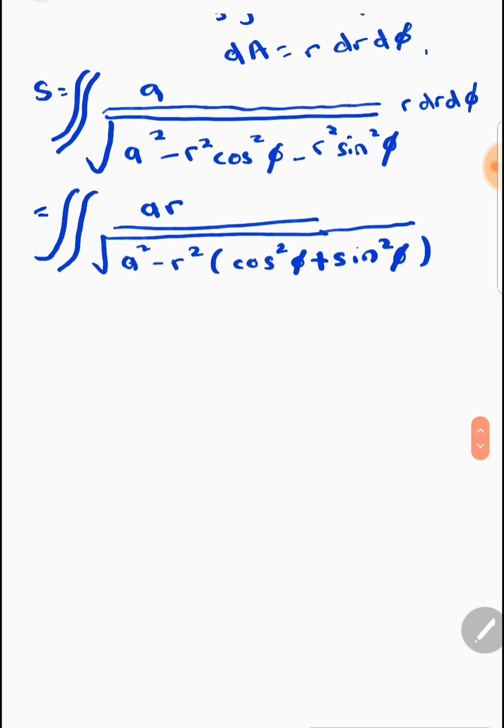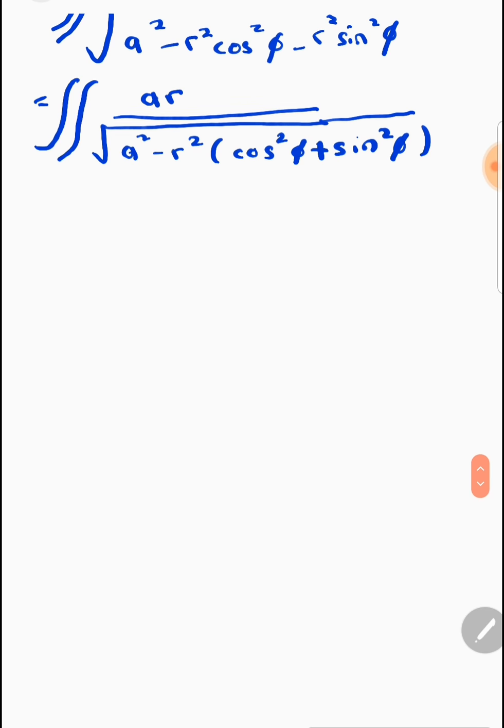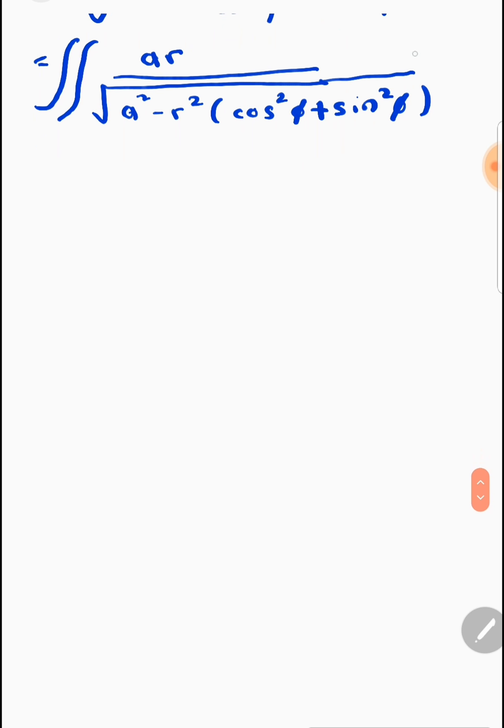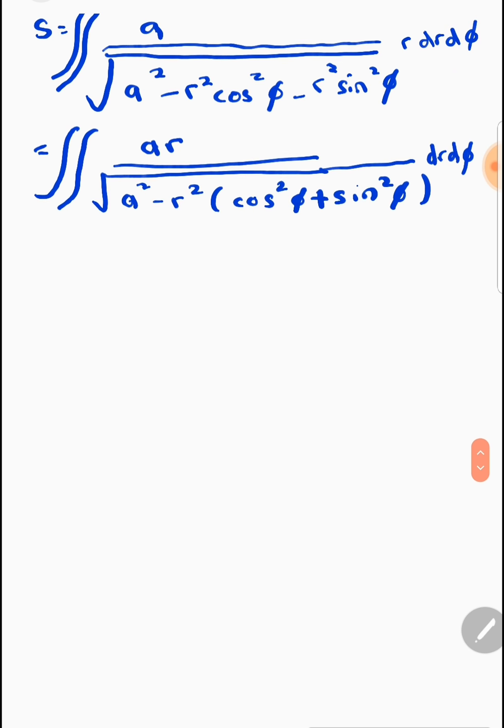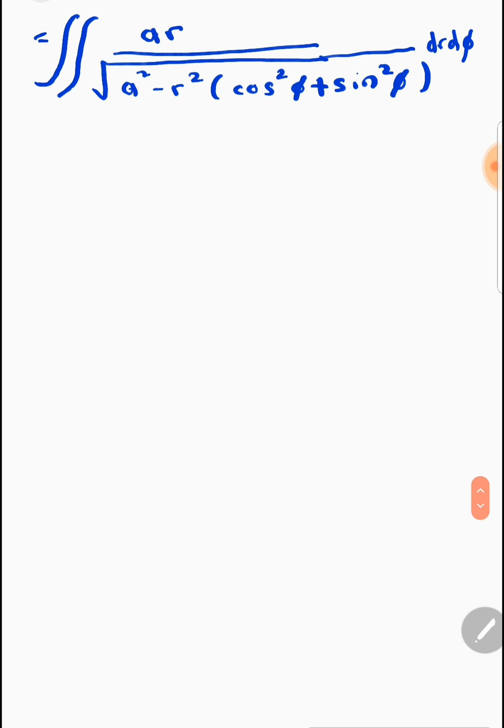So then I'm just going to push this up, and don't forget my dr d phi from earlier, because the r I already put in this part. Remember that this, according to my trig identity, also gives me 1, correct?